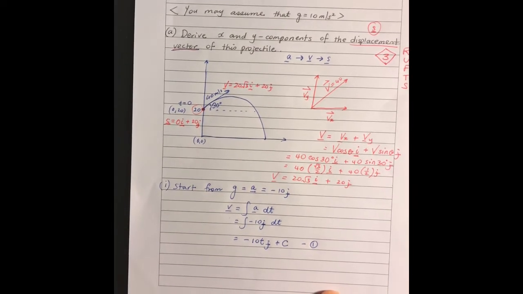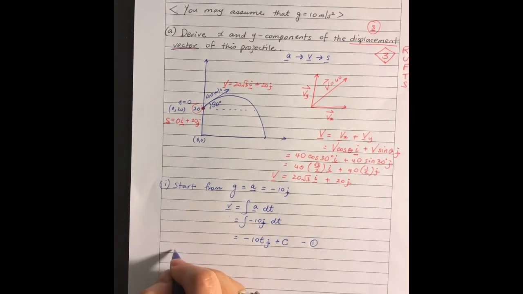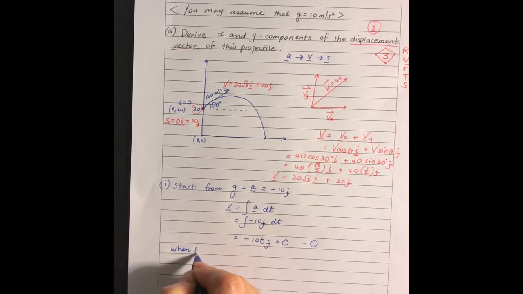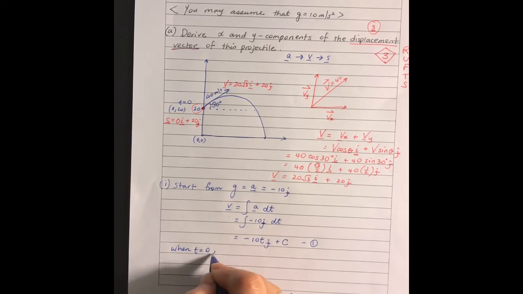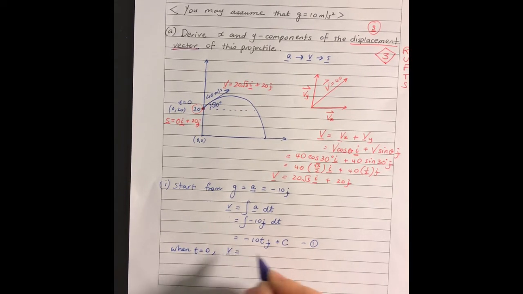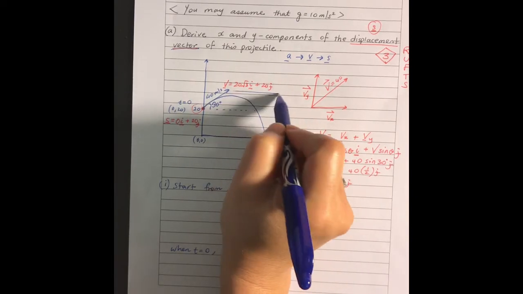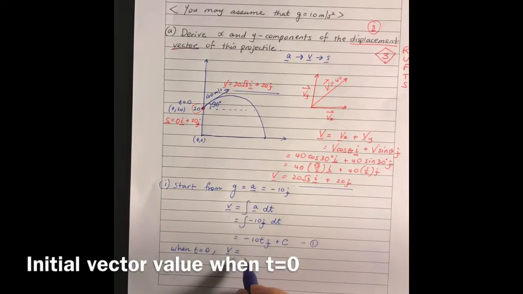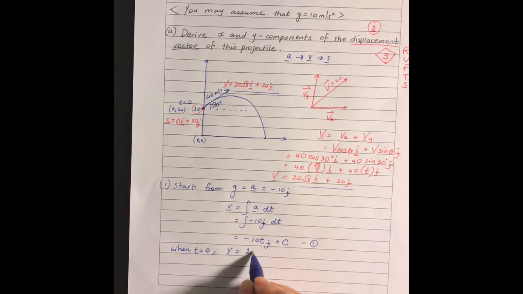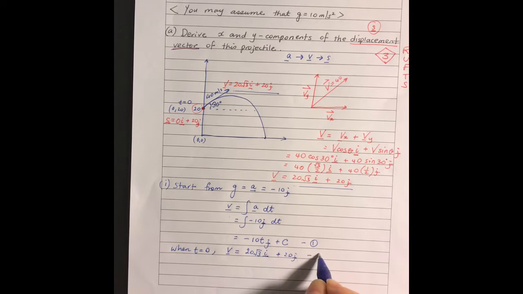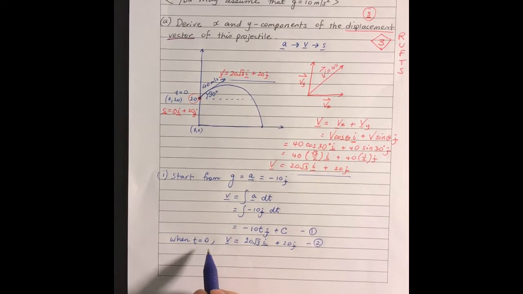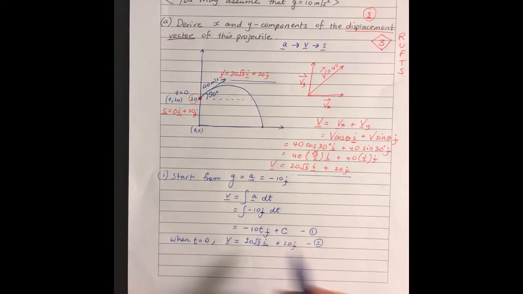And then the second one: when t equals 0, the v is what we already got, that one, 20 root 3 i plus 20j. And that's my second. When t equals 0, initially, they're both the same, aren't they?